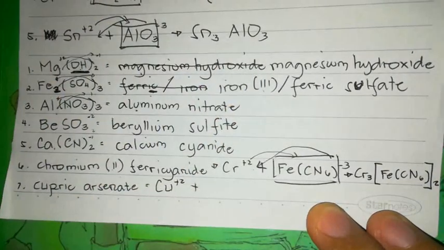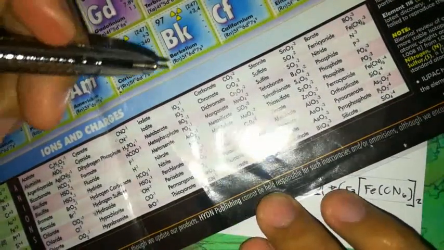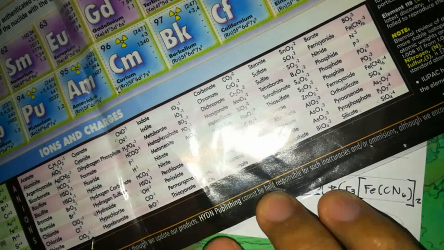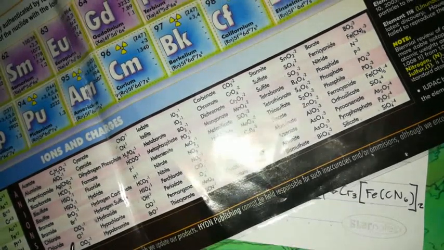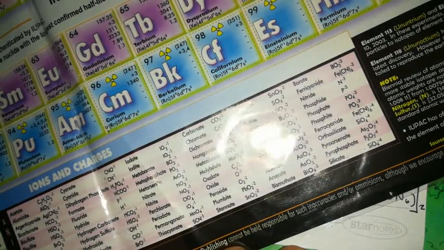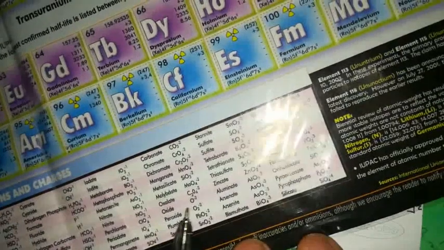Next, arsenate. Hanapin sa ating periodic table ang arsenate. Arsenate nasaan? Ayun.